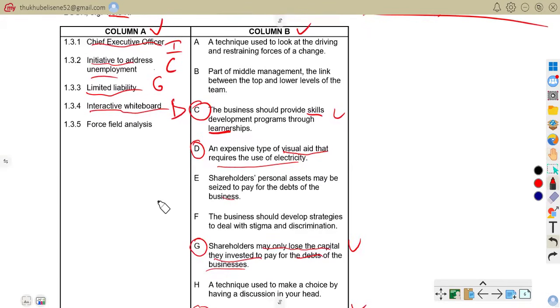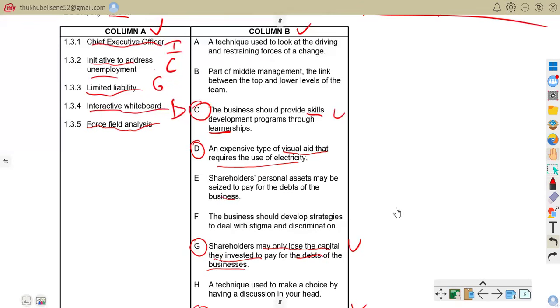1.35, ladies and gentlemen of high society. Now we are coming to force field analysis. Force field analysis is a decision-making tool that identifies driving and restraining forces affecting a situation of change, helping to develop strategies to achieve goals.